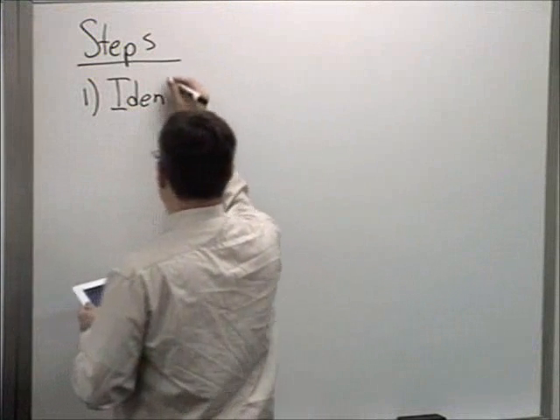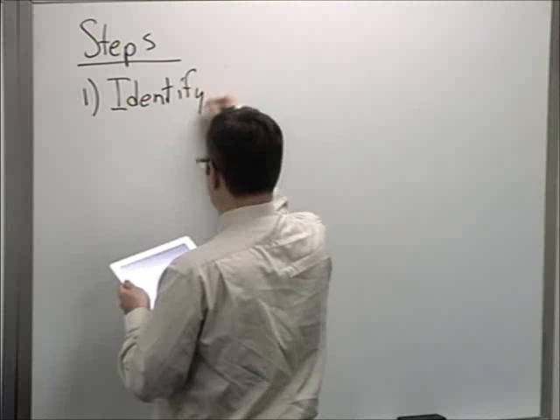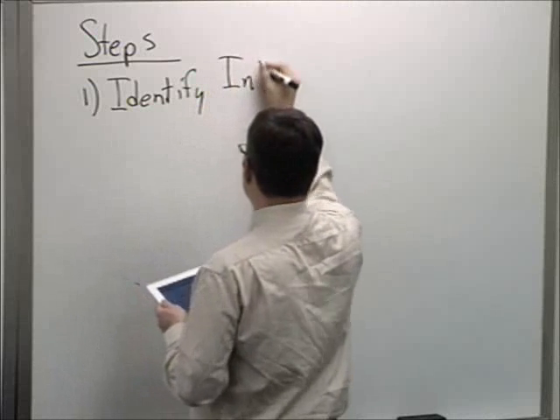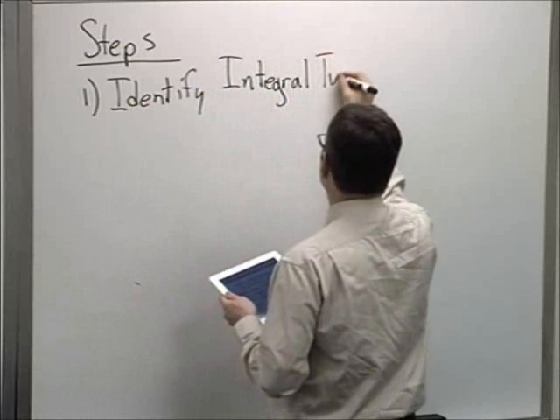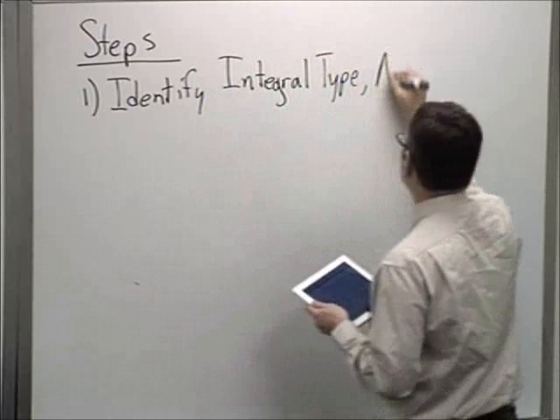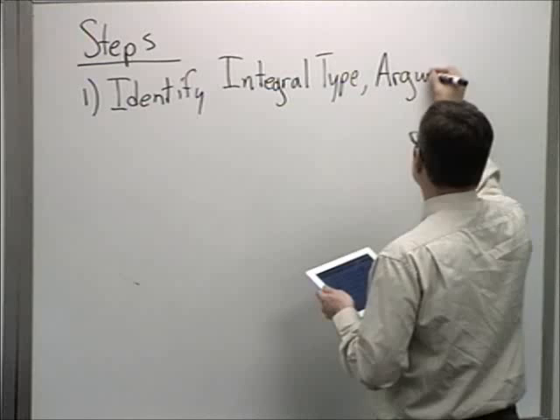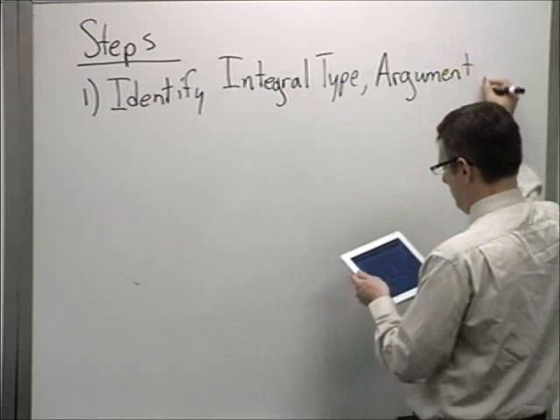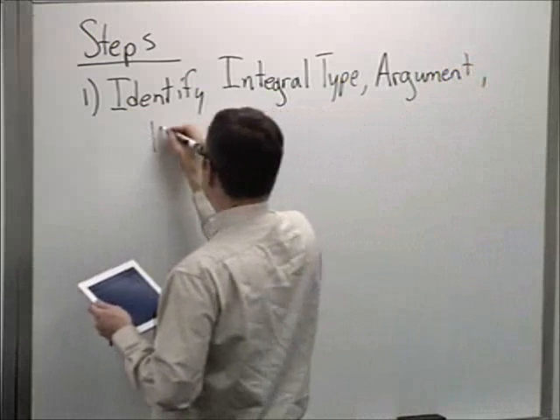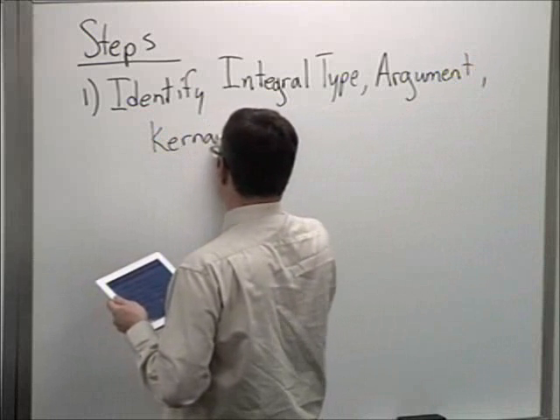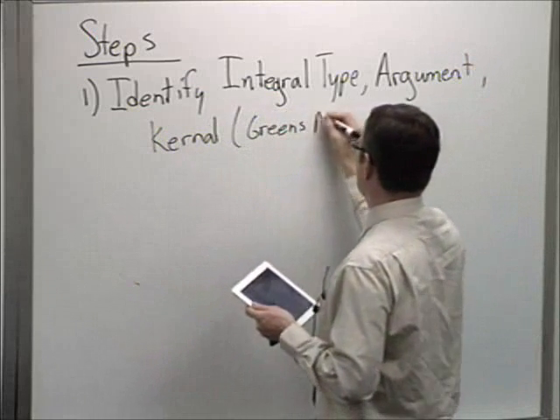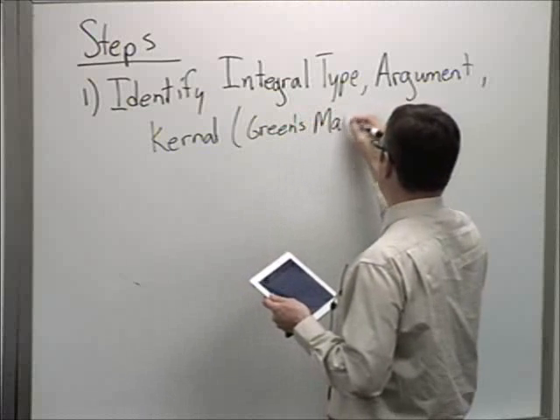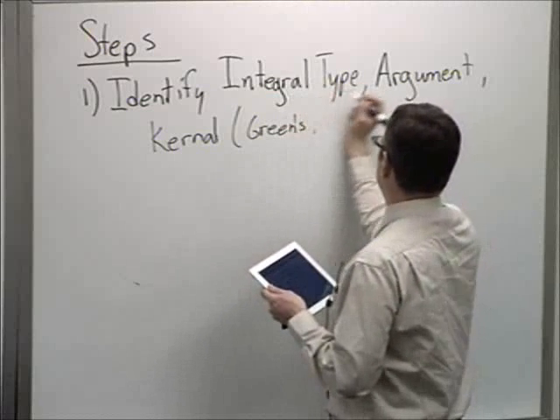Step 1 for this problem: identify the integral type, the argument, and the kernel, or the Green's function, for those with a little more mathematical sophistication.